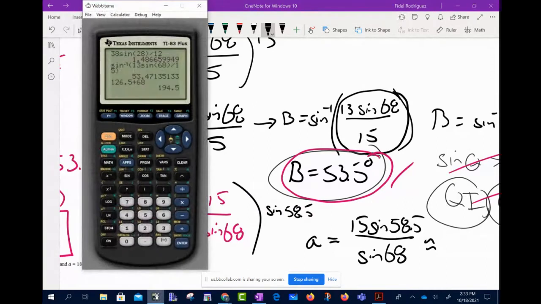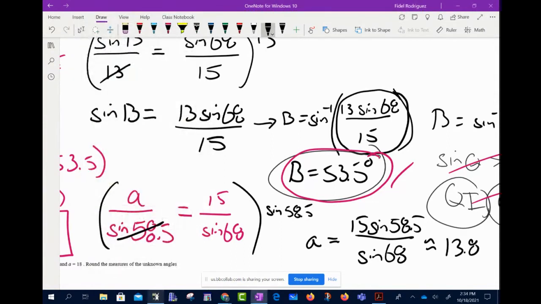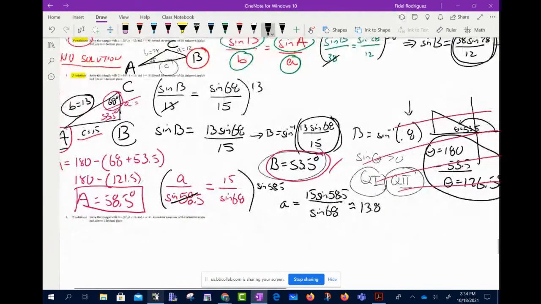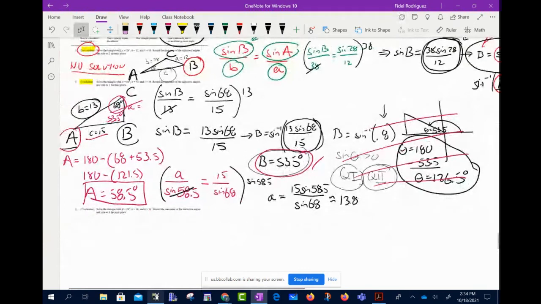And so again, I'm going to do this on my calculator. So 15 sine of 58.5 divided by the sine of 68 equals, and I'm coming up with 13.8. Okay. And so I'm going to zoom out a little bit.